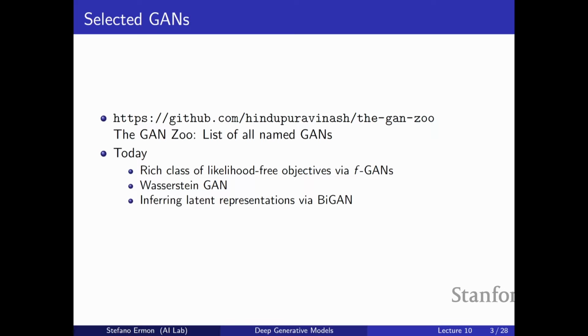So similar to a VAE, we'll see to what extent it's possible to not only generate samples, but also map samples to latent representations that you can then use perhaps to do semi-supervised learning or use on other kinds of downstream tasks. And then we'll also see maybe cycle GANs, and conditional generative adversarial networks are also pretty cool.